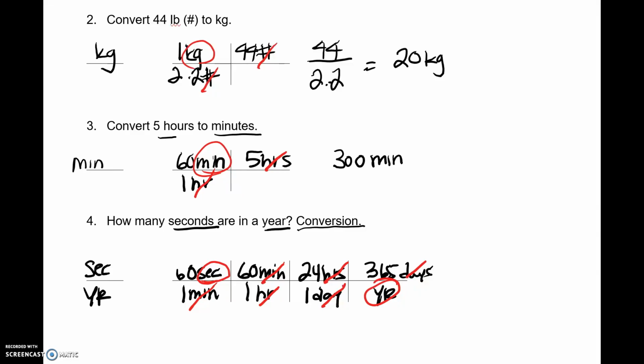Then on the calculator, when you do 60 times 60 times 24 times 365, we get 31,536,000 seconds in a year.